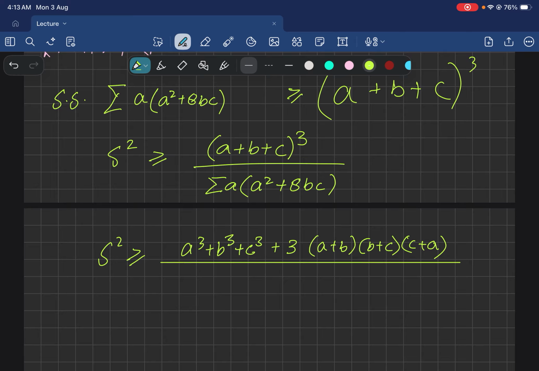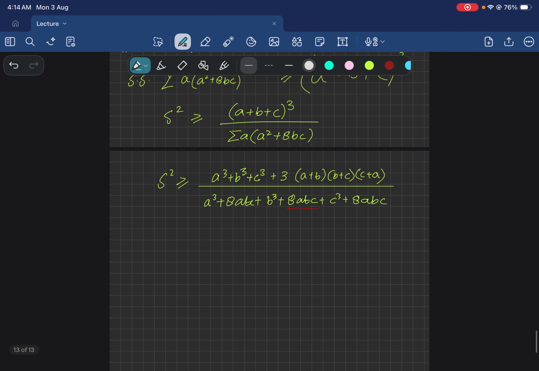And in the denominator you'll get something like sigma, open it for now, a cube plus 8abc, and then you'll write the same thing for b cube plus 8abc, c cube plus 8abc. This is the expansion of this, right?